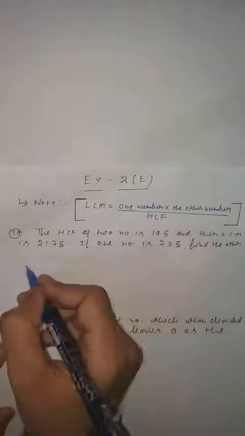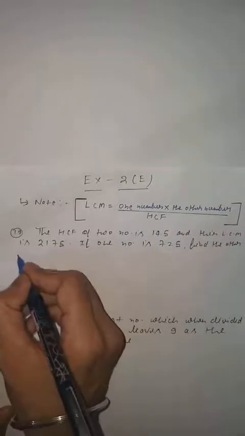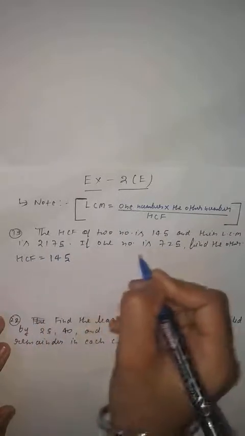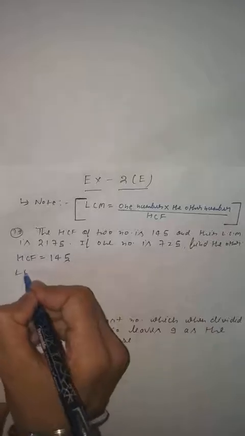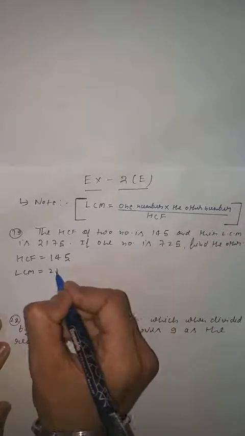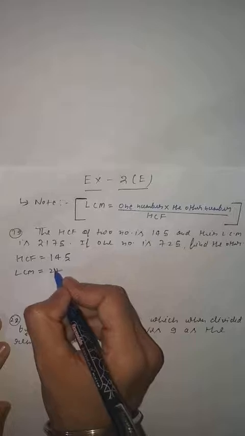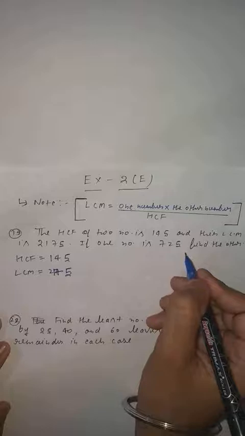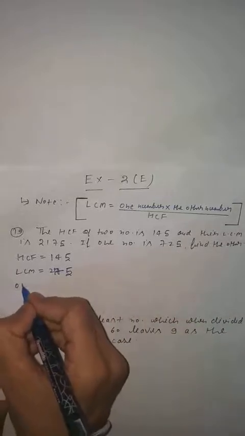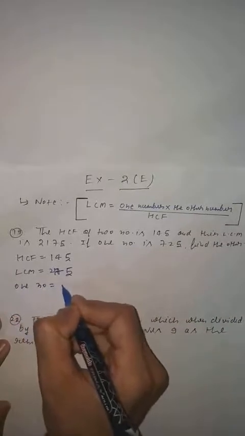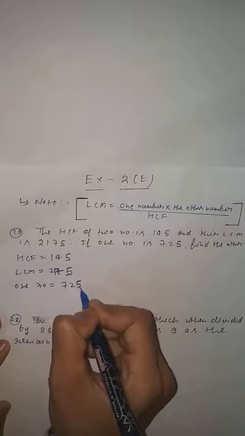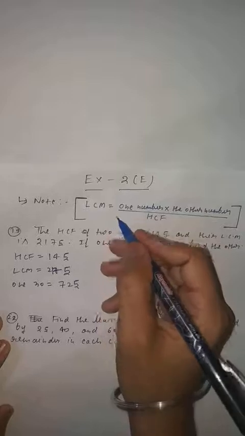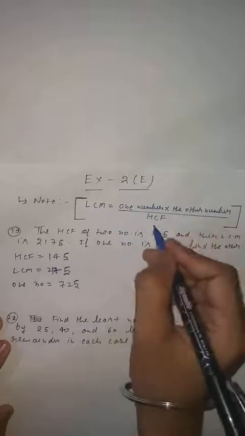Suppose the question is given: HCF equal to 145, LCM equal to 2175, and one number equal to 725. Clear, students? Now you will use the formula: LCM equal to one number into other number divided by HCF.